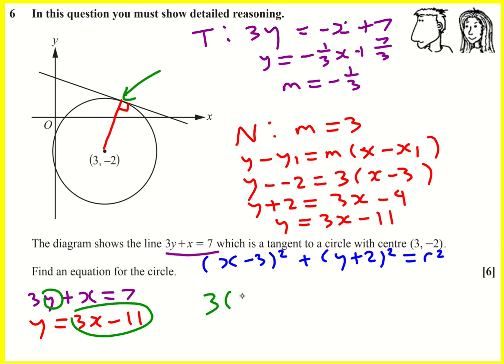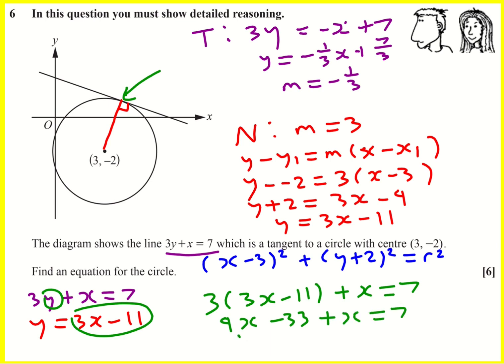But this is going to become 3 lots of (3x - 11) + x = 7. So 9x - 33 + x = 7. That means 10x = 40 and x = 4.